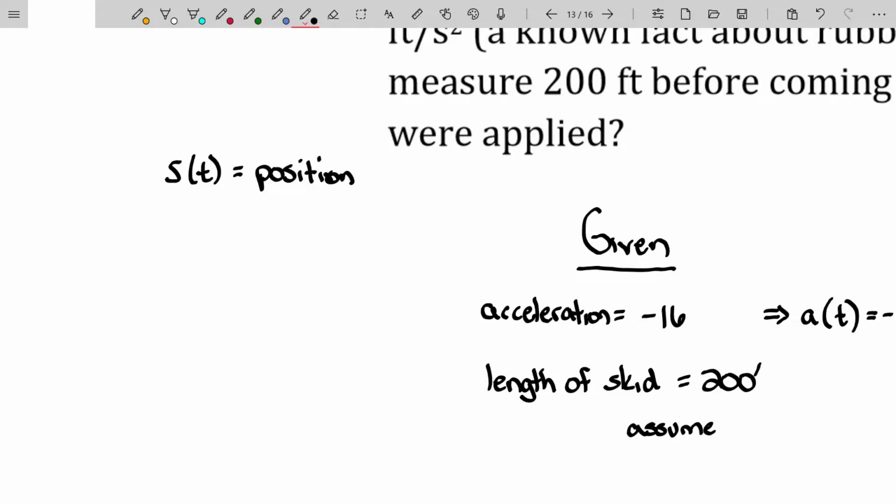And then the derivative of position, in terms of, let's say, feet, the derivative is feet per minute. And so that's going to be a velocity.